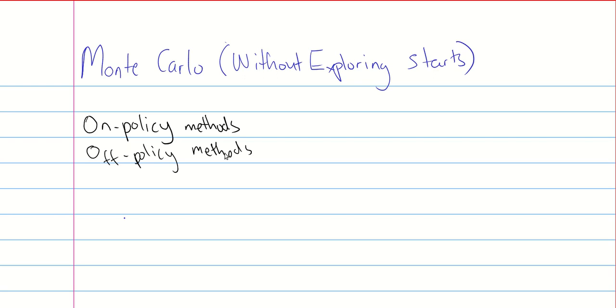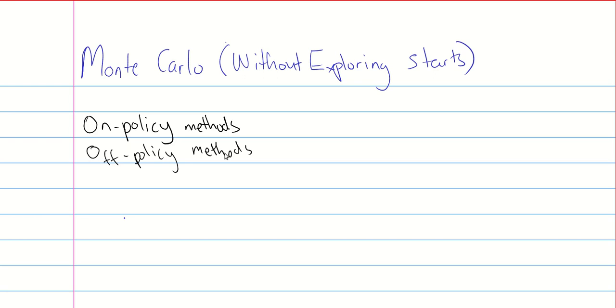In the context of Monte Carlo, actually in general, on policy methods attempt to evaluate or improve a policy that is actually used to make decisions. The same policy that we are using to make decisions is the same policy that we're trying to evaluate, and it's the same policy we're trying to improve. In the case of off-policy methods, we attempt to evaluate and improve a policy different from the one we're actually using to make decisions.